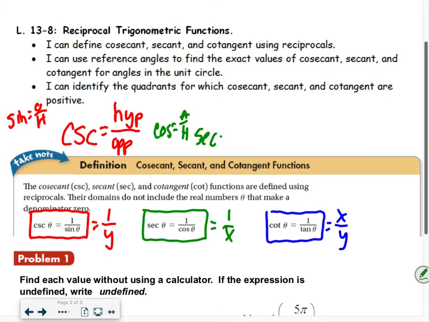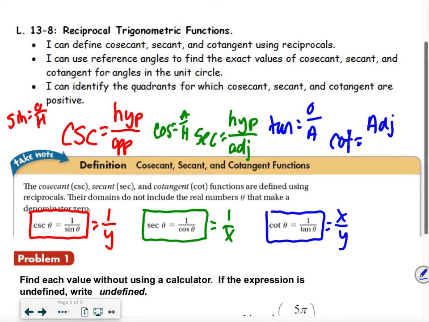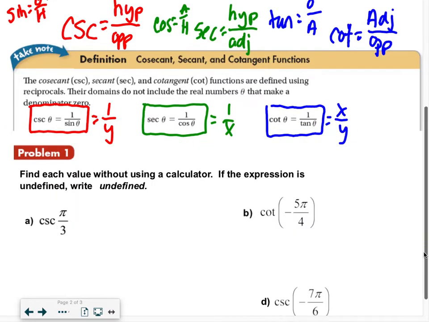So our secant is just going to be our hypotenuse over our adjacent. And then our cotangent is the flipped version of tangent. Tangent is opposite over adjacent. So our cotangent is adjacent over opposite. Okay. Now I know it's a lot. Trust me, we will get practice with this, so don't freak out too much.